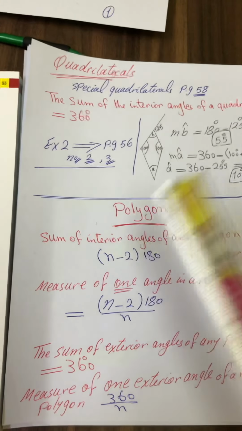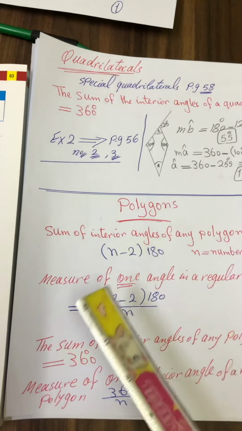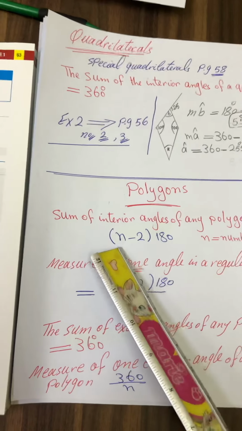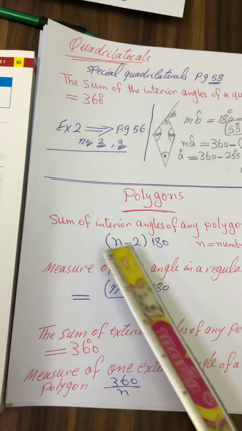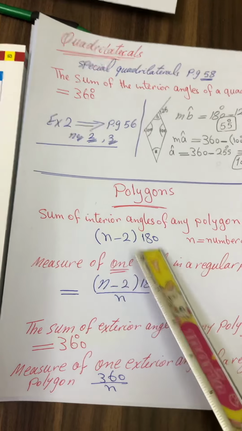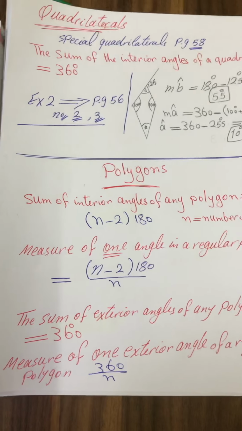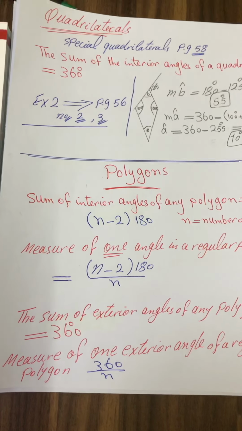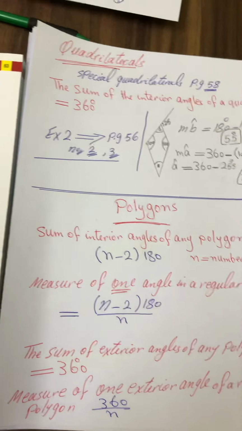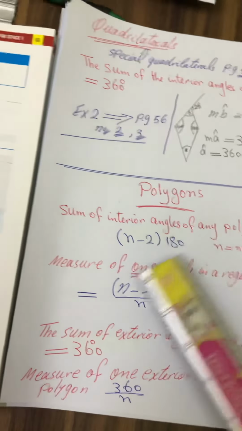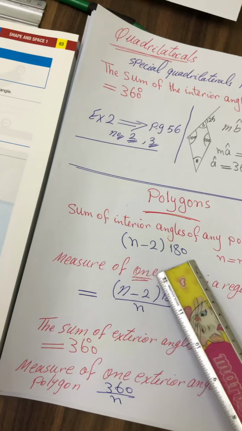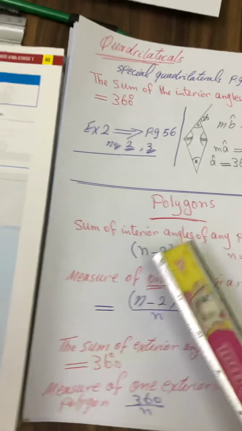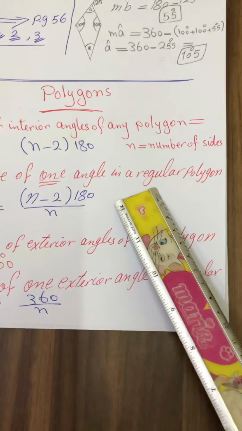Likewise, if I have a pentagon, that's to say a 5-sided polygon, I substitute here by putting 5. 5 minus 2 equals 3. 3 multiplied by 180. So the sum of the interior angles of a pentagon is 540, like this. Okay, 3 multiplied by 180 is 540. Okay, if I have a regular polygon, what does it mean by regular polygon?